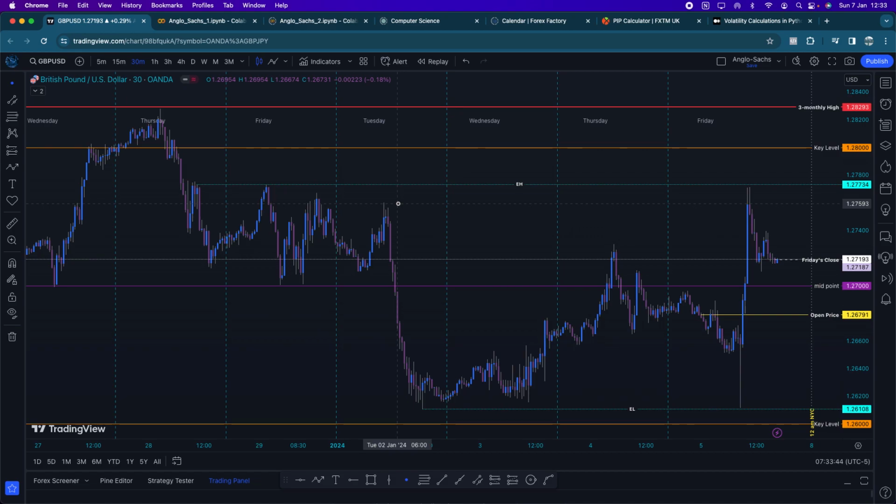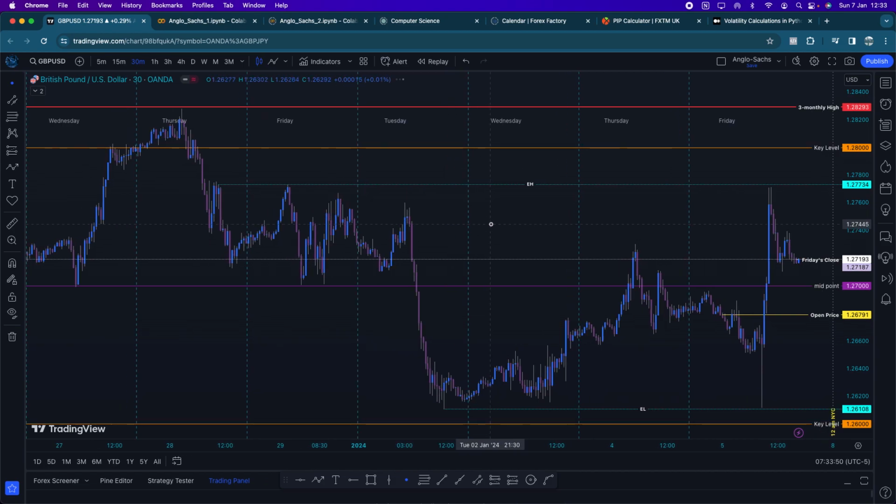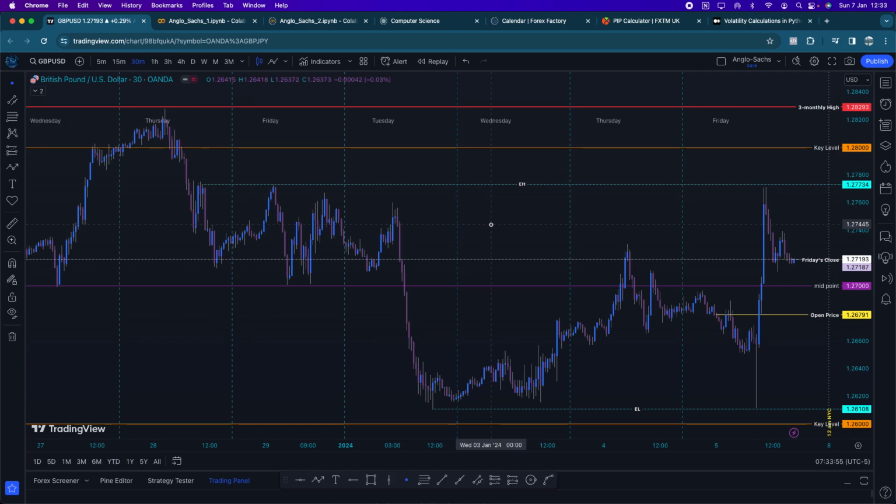So the way in which these markets work, because it's the way in which price is delivered to the market, it's on a program, okay? And that program will remember where it's come from, and it's going to trade back up at some point to offset this imbalance here that we have, okay?